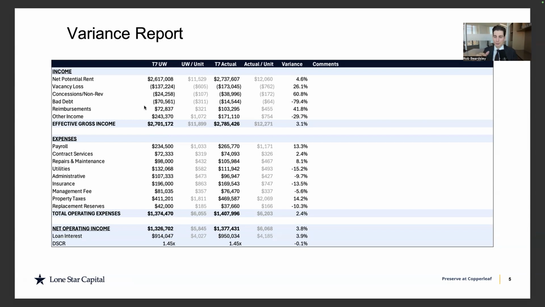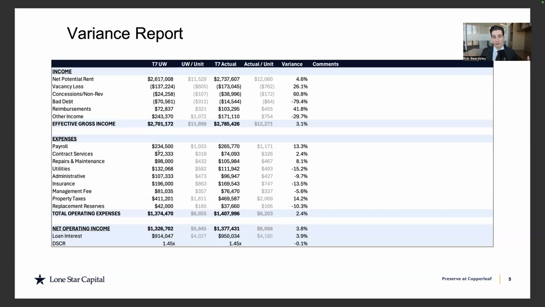And so you can see that while there was variability and noise, with occupancy going up and down and collections going up and down, in sum we're effectively right in line with projections, exceeding the revenue projection by 3%. And on the expense side, now with 7 months of data, it's a bit more accurate and more worthwhile to analyze this data.